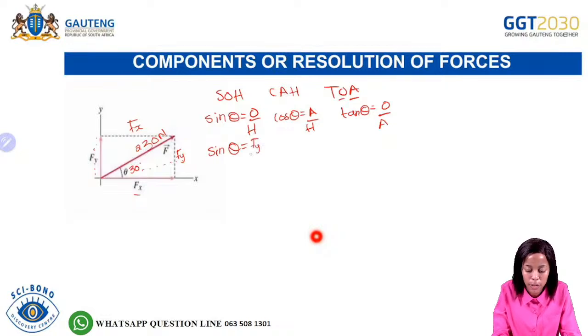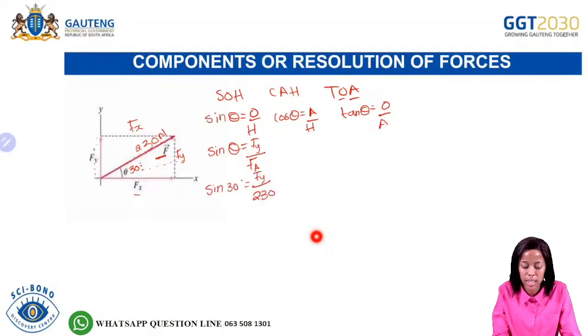Our opposite is represented by Fy, and our hypotenuse is represented by this applied force. So if you are given an angle of 30 degrees, you will say sine of 30 degrees is equal to Fy over 230 Newton.